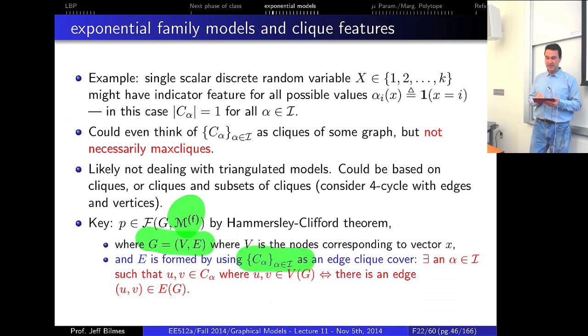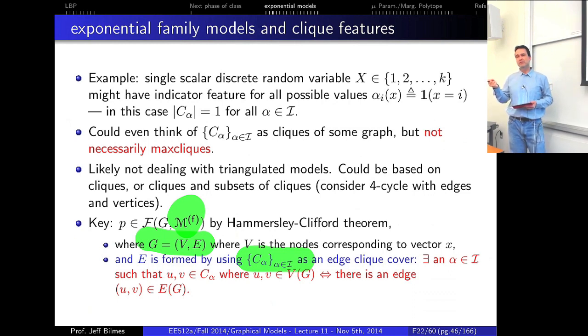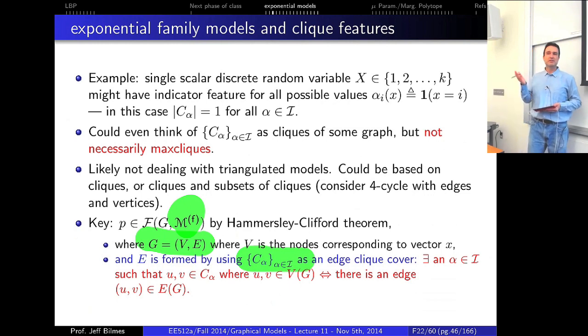Basically, for every one of the C alphas, if all of the random variables in any C alpha are connected together by edges, and then we union together all of those edges, that will cover all of the edges in the graph. That's an edge clique cover, and there are no more edges in the union of the C sub alphas than what exists in the graph, because if there were, that would mean the graph is saying that there's some sort of independence or conditional independence or some factorization property that doesn't exist in here, right?